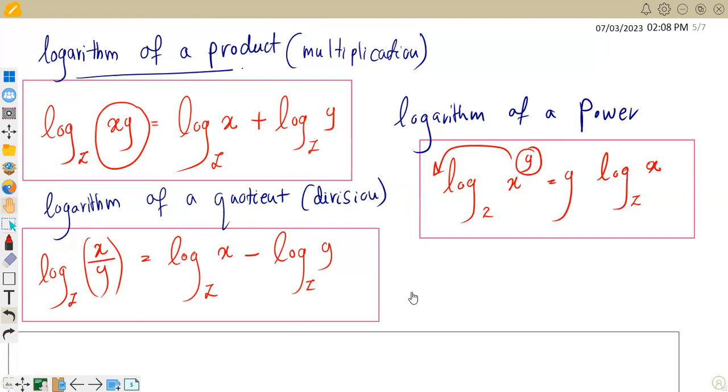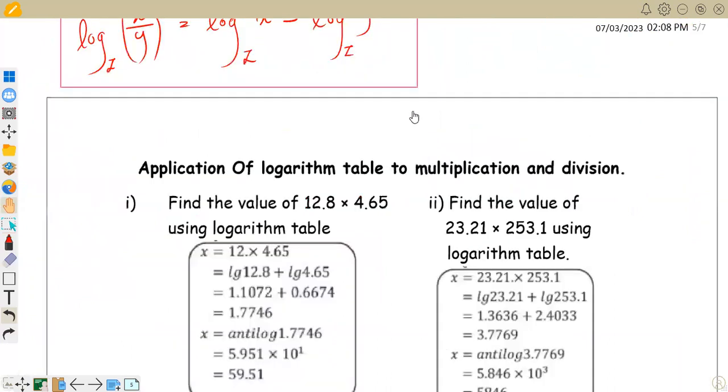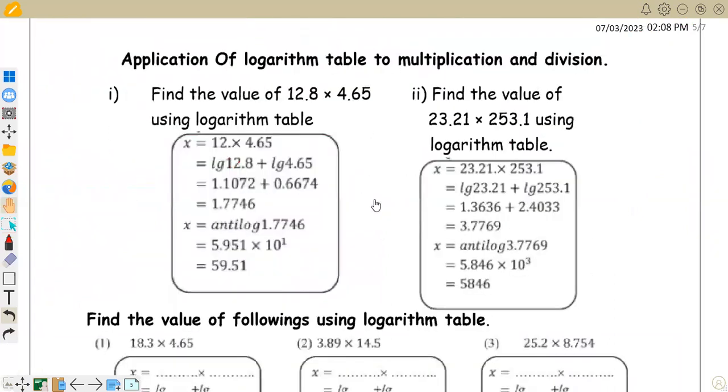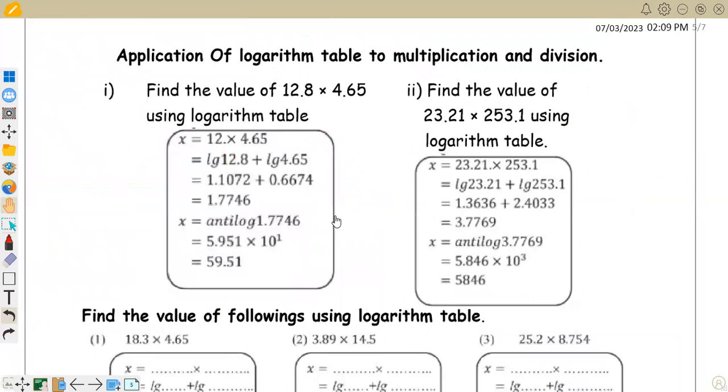Okay. Now let's see, by applying these log rules and using the logarithm table to the base 10, how to find the value or the answer for a given numerical expression. Here, look at it. It is given 12.8 times 4.65. You have to find the value of 12.8 times 4.65 using the logarithm table. First of all, you have to equate this given expression to an unknown term x.